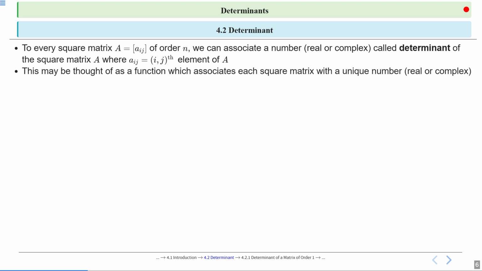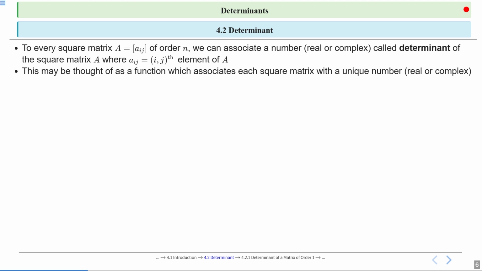So we can think of it as a function which associates each square matrix with a unique number. So what is a function? We define a function from a set to another set. The first set is called the domain, the other set is called the codomain, and for each element of the domain there exists a unique associated element in the codomain, and the set of all images is called the range.